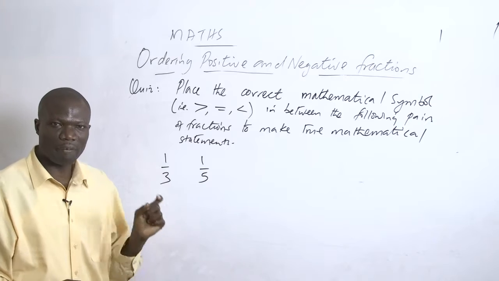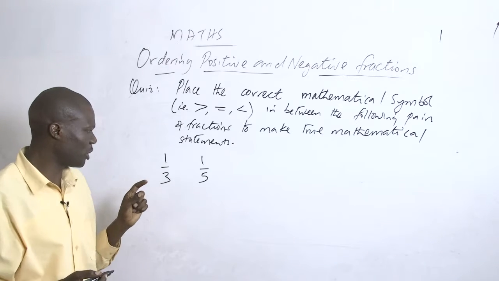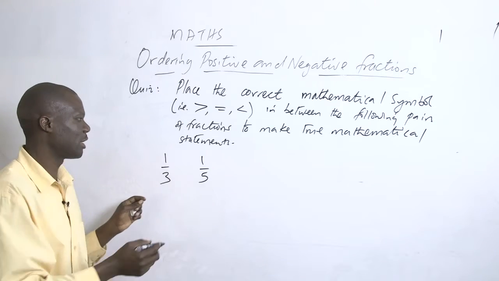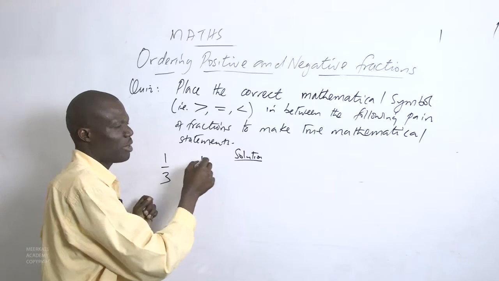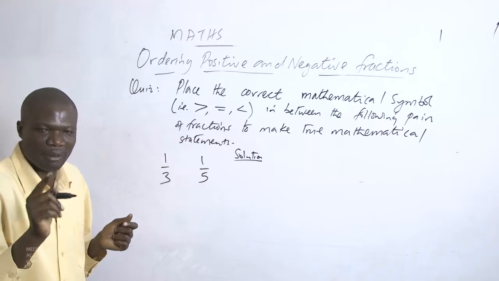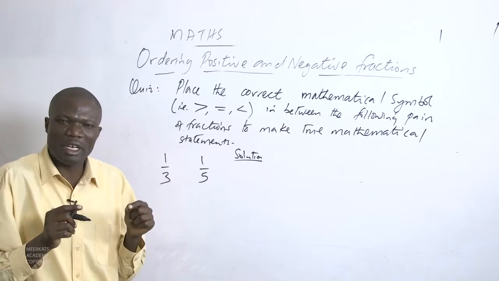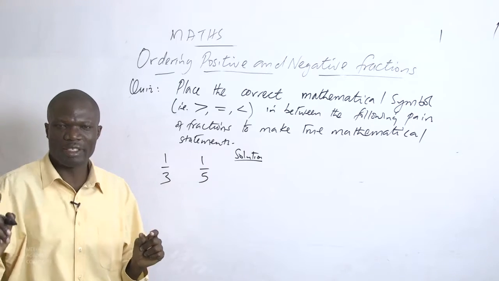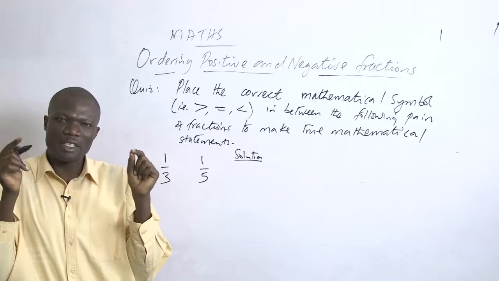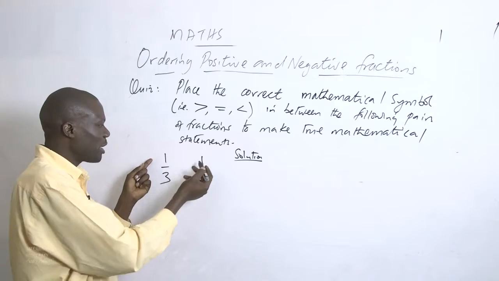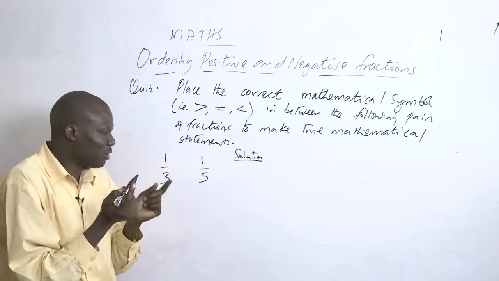Now for this again, we had the third rule, which was saying that if the numerators are the same, then the denominator with the greatest value is the smallest. The numerators are all 1. But look at this.